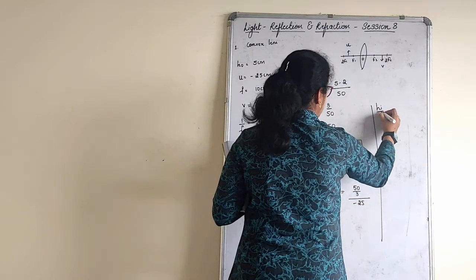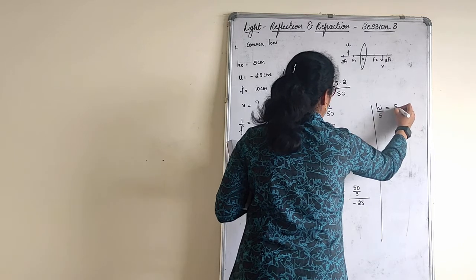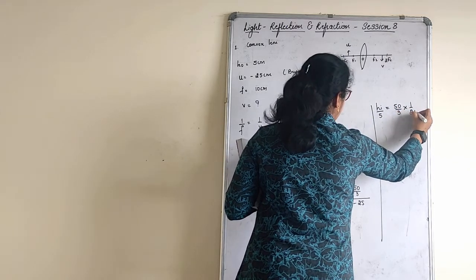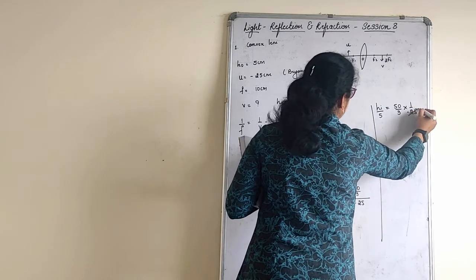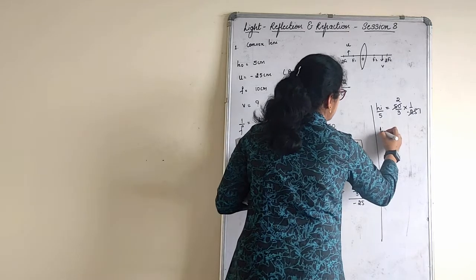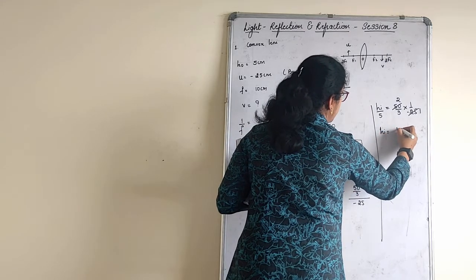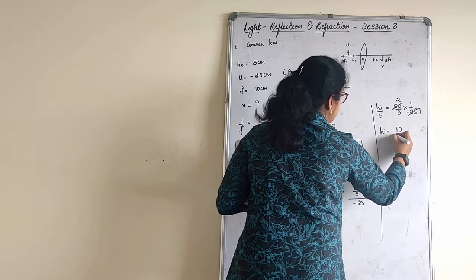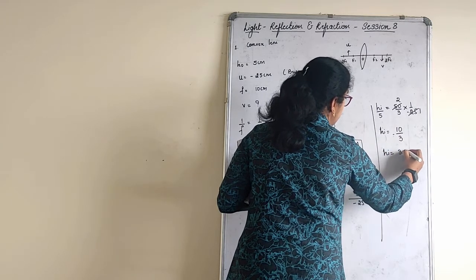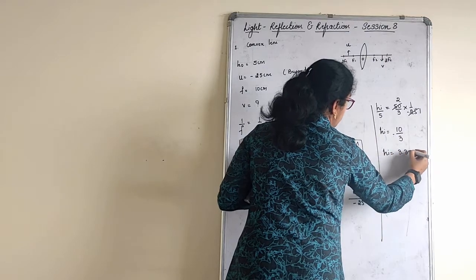Height of the image divided by 5 is equal to 50 by 3 into 1 by 25, minus. 25 ones are 25, twos are. Height of the image is equal to 5 twos are 10 by 3, minus sign. Height of the image is equal to 3 threes are 9, 3 threes are 9.